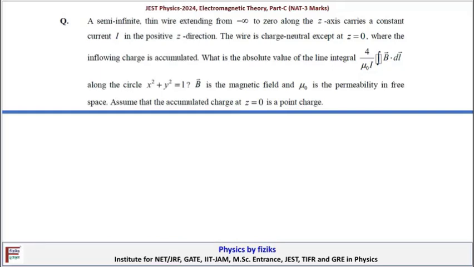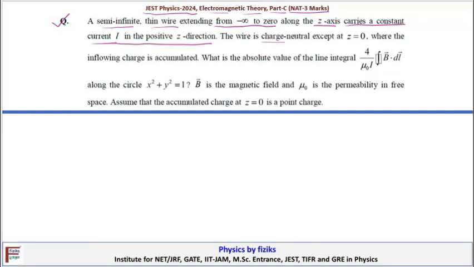So this is JEST Physics 2024 Electromagnetic Theory Part C, numerical answer type 3 marks question. In this question it is given that a semi-infinite thin wire extending from minus infinity to 0 along the z axis carries a constant current I in the positive z direction.